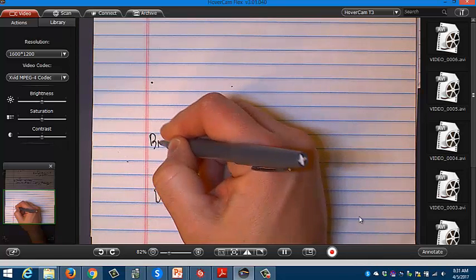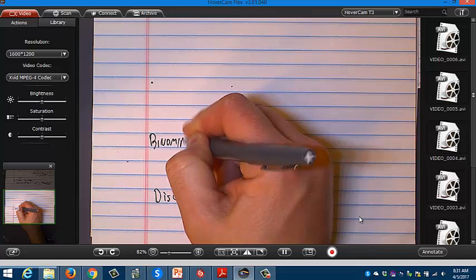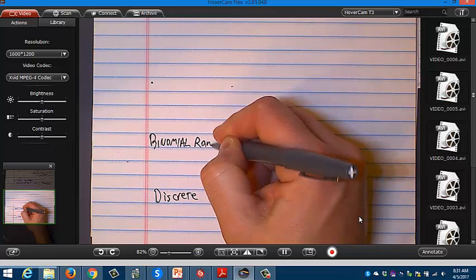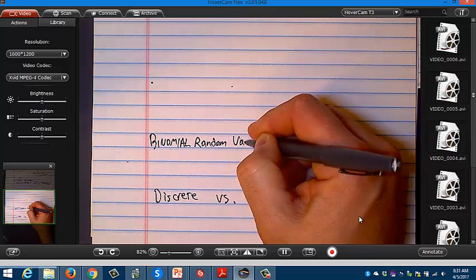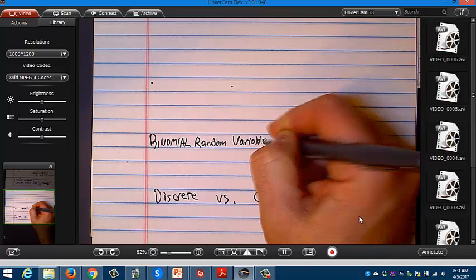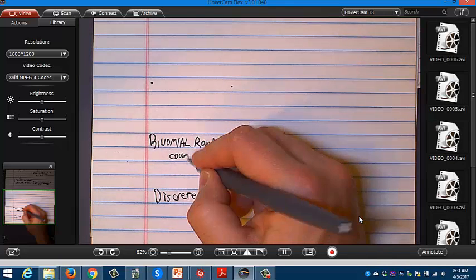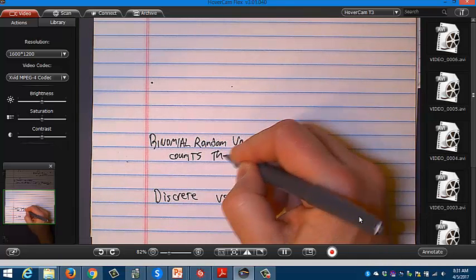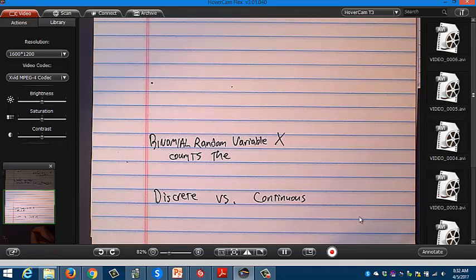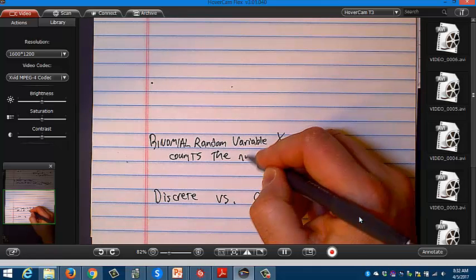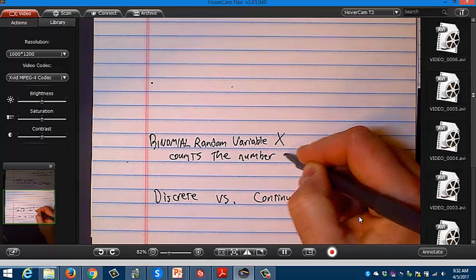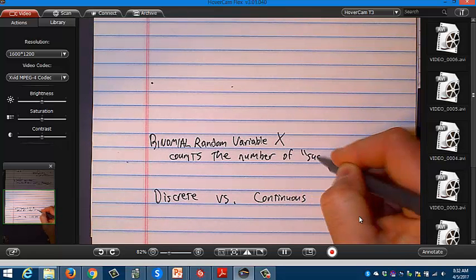The binomial random variable counts, so I'll say X, counts the what? Do you remember what it counts? The number of, we called them successes, right?